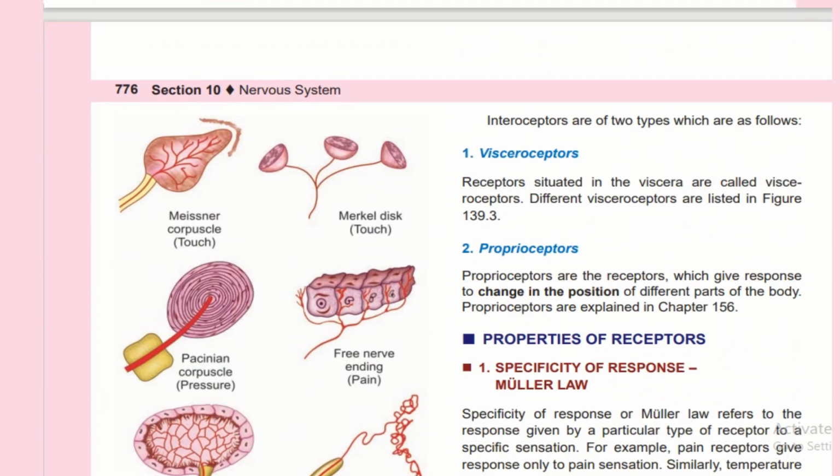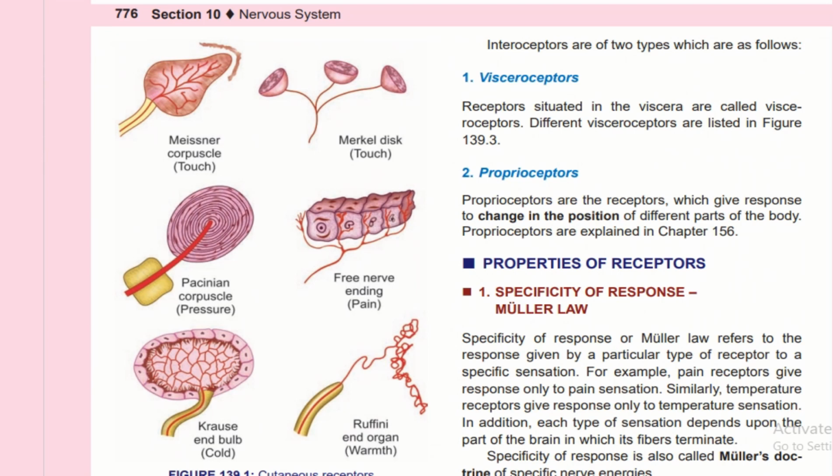And then we have proprioceptors. Proprioceptors are receptors which give response to change in the position of the different parts of the body. So now two types of interior receptors are visceroreceptors and proprioceptors.